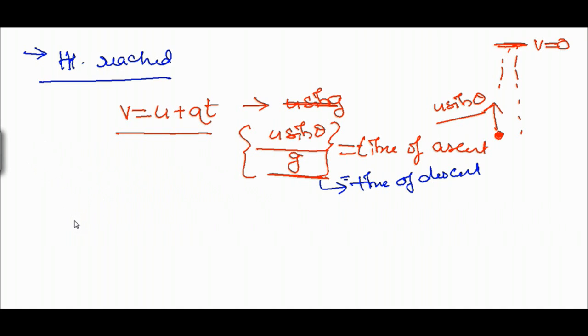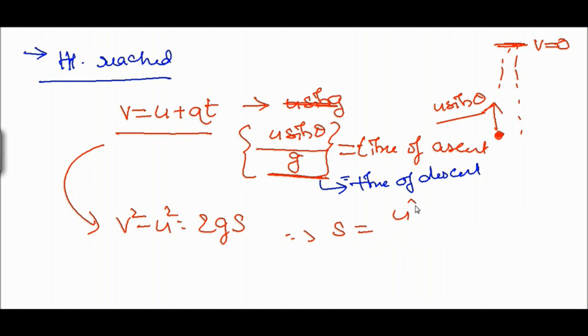So if we apply the same idea in the second law of motion, v² - u² = 2gs, that implies s = u²/2g, where v is actually 0.